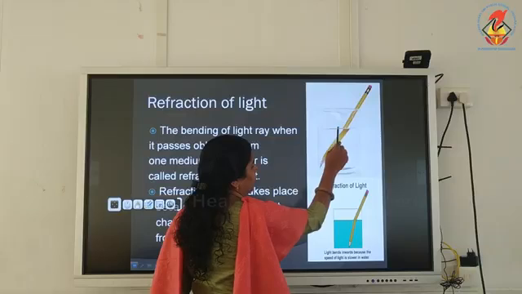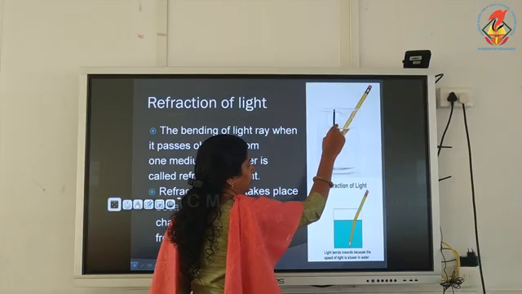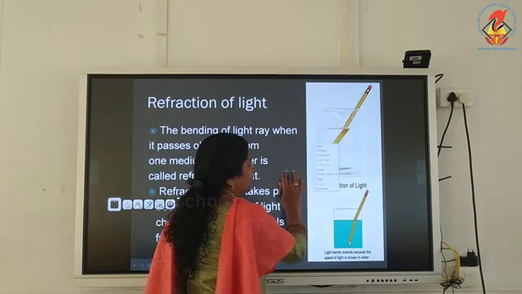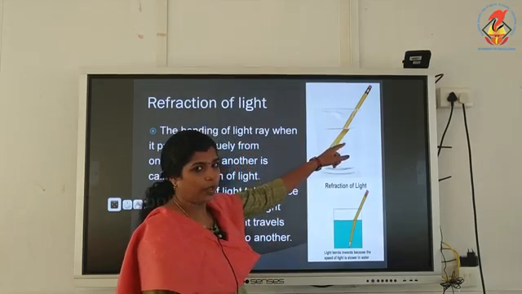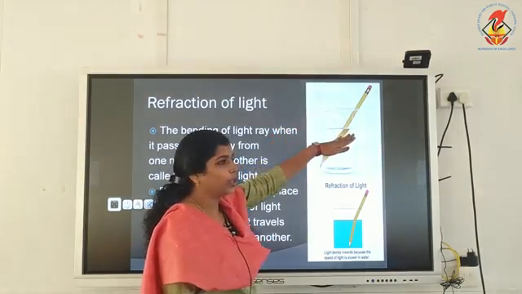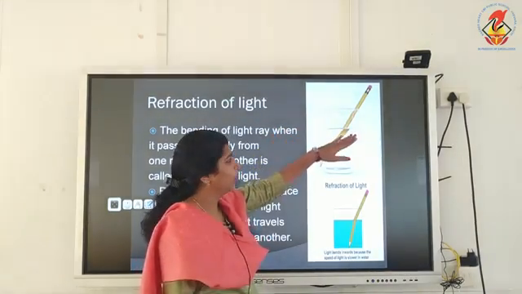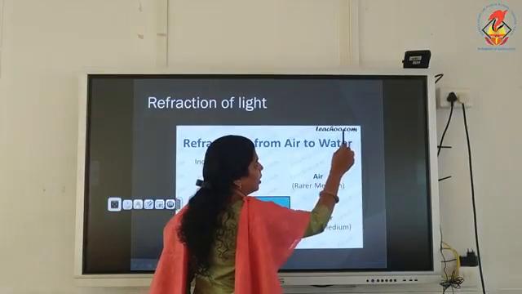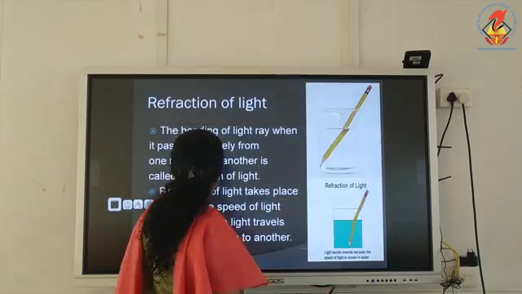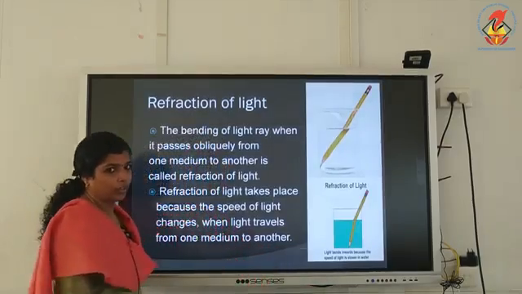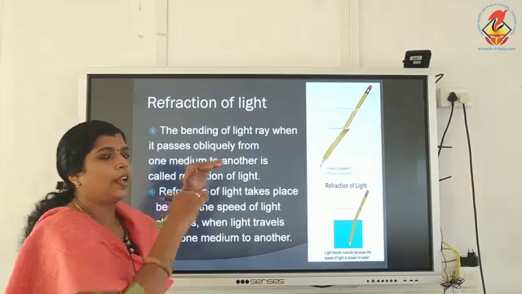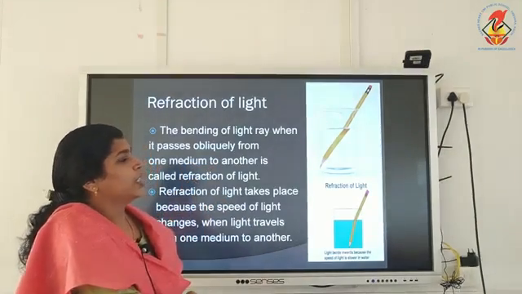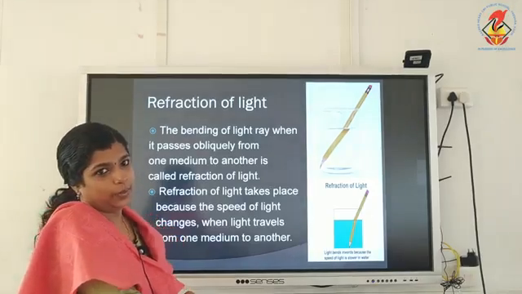This is the first medium and this one is the second medium. Air is the first medium, water is the second medium, and at this point you can see a bending of the light ray. You can see a split in the pencil. That is known as refraction of light.